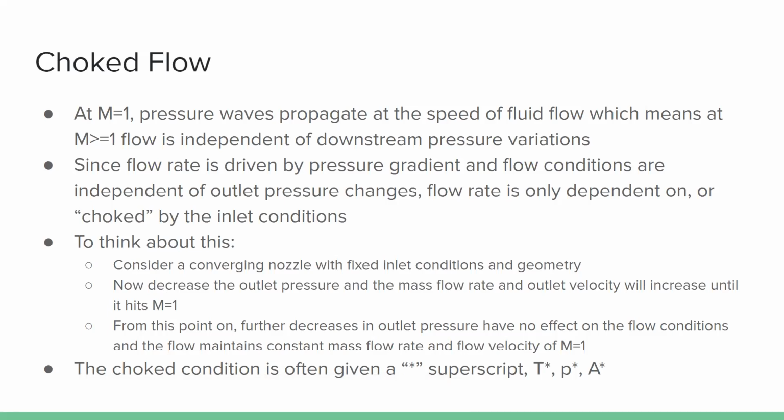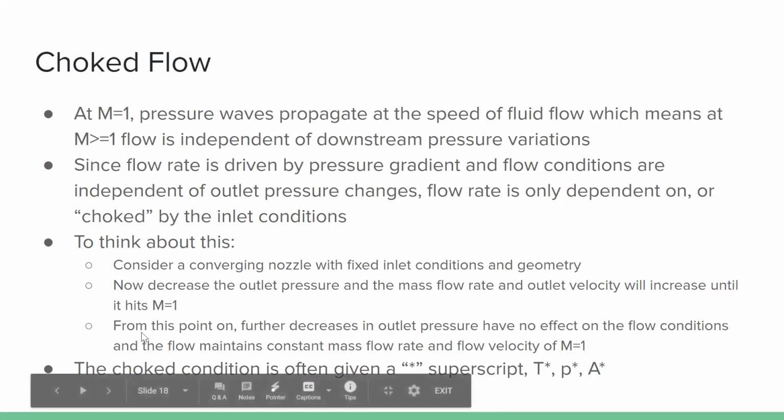Now you start decreasing the outlet pressure, the environment pressure. You still have the same inlet conditions inside the pipe, and you bring down the pressure at the outlet. What happens is the pressure gradient you've just created starts to drive a mass flow rate. And as you decrease that outlet pressure, it's going to drive more and more mass flow rate until you hit Mach 1 at the nozzle exit.